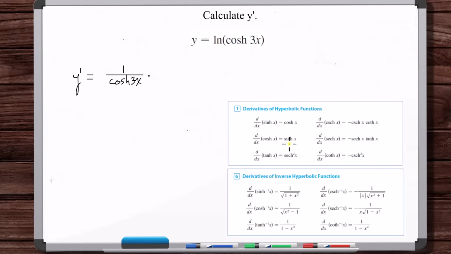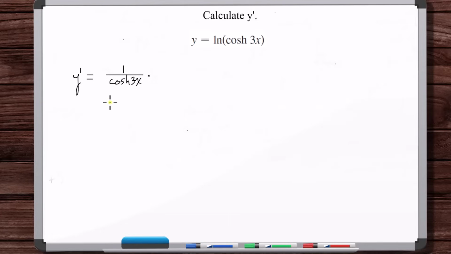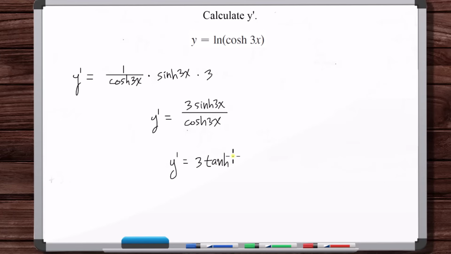It's hyperbolic sine of that something, times the derivative of that something. What is the derivative of 3x? Okay, so we've got, now, similar to regular trig functions, the hyperbolic sine of something over the hyperbolic cosine of something is the hyperbolic tangent. So and that's the derivative.